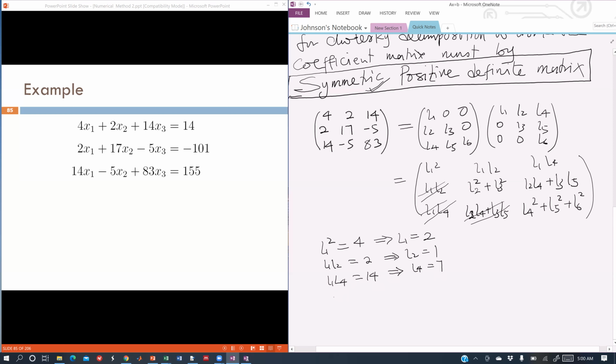Then I have L2 squared plus L3 squared is equal to the middle number there, which is 17.